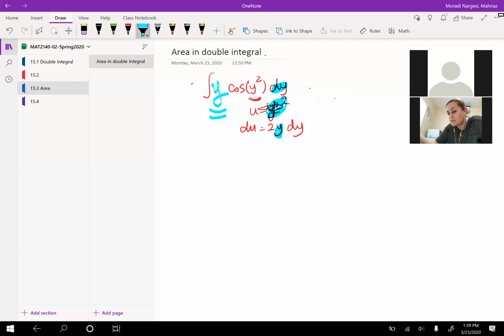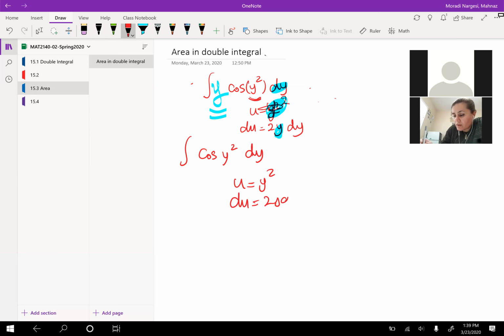So the original problem has integration of cosine of y squared dy, and then if you have u equals y squared, and then you call du to be 2y dy, so then you have to replace dy to be 1 over 2y du, right?